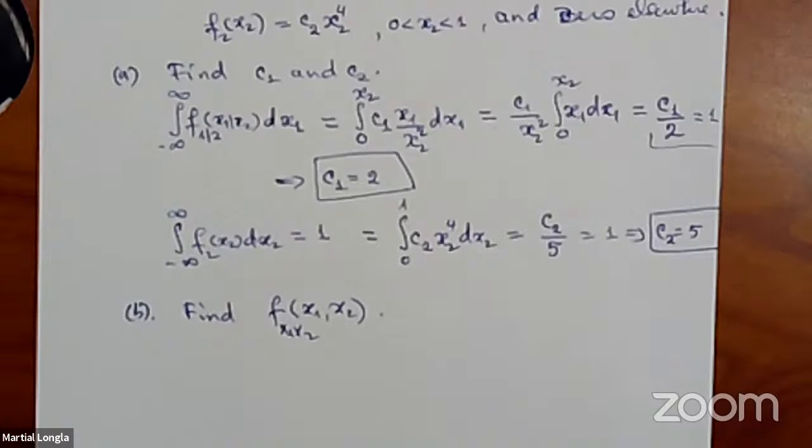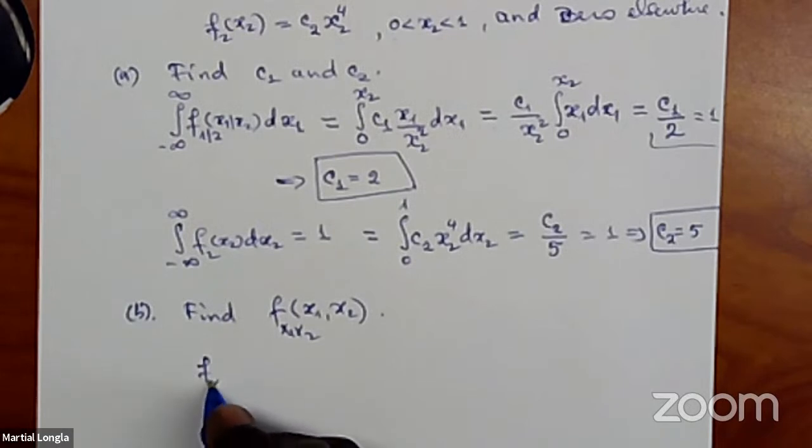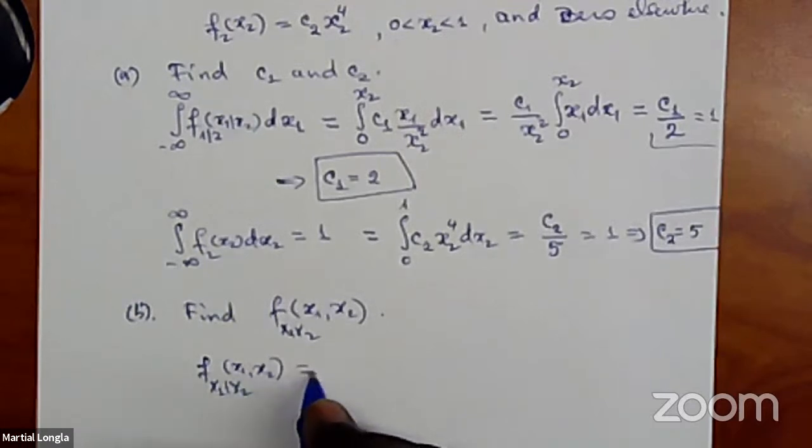It's a definition that I want. It's written in a previous lecture. Equal to, by definition, the joint probability over the marginal.